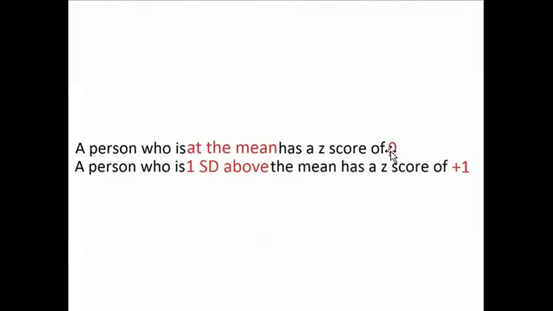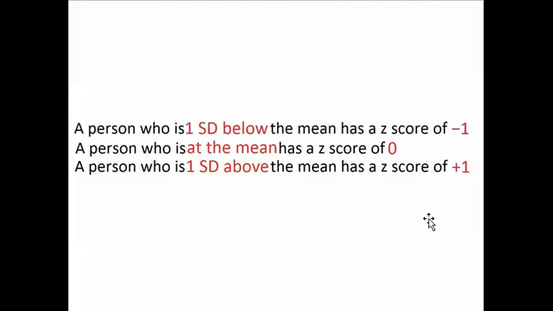A person who is one standard deviation above the mean has a z-score of +1. So a student in the class who has an exam score that's one standard deviation above the mean would have a z-score of +1. A person who falls one standard deviation below the mean has a z-score of -1.